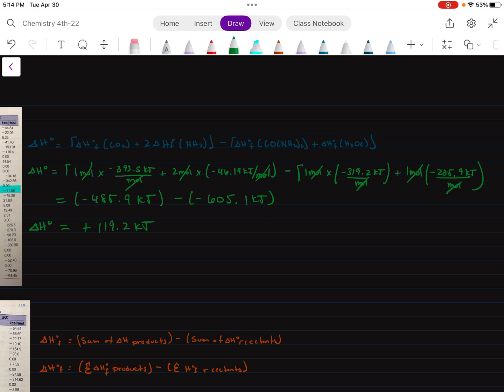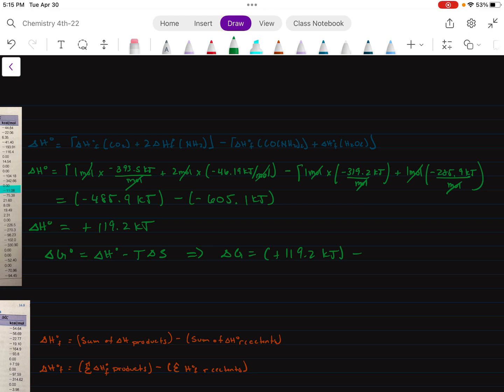Now we plug it into the formula. We know that delta G is equal to the change in enthalpy minus temperature times the change in entropy. We calculated the change of entropy of this reaction in class, so we already have that value. To find delta G, we take the new value that we have here, which is plus 119.2 kilojoules, minus the temperature.